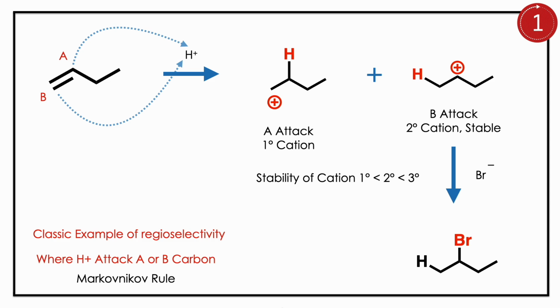If you look at stability, tertiary is more stable, then comes secondary, then primary. So the major is B attack, and the final product has bromine there. This is called the Markovnikov rule. You might have studied it without knowing. It's a regioselective reaction, so you are choosing between the A and B carbons. H plus attacks B favorably to achieve the final product.